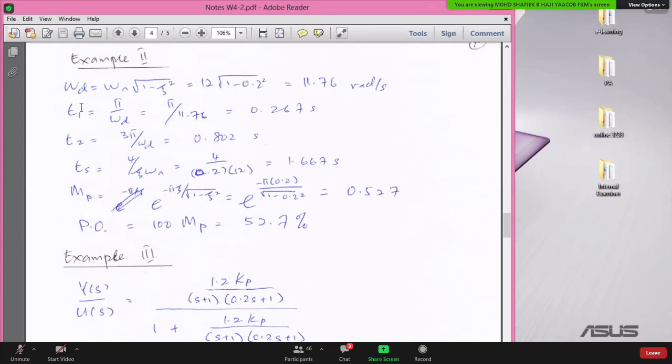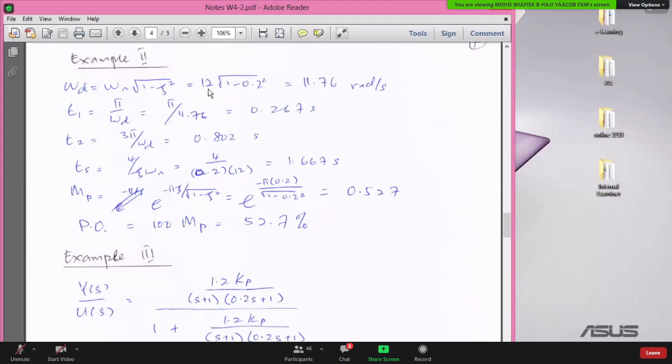So we have natural frequency is 12 and the damping ratio is 0.2. Now you can compute the damped natural frequency, which is the actual natural frequency, omega n multiplied by square root of 1 minus zeta squared. So you have 11.76. This is the actual frequency of oscillation, slightly different from natural frequency.